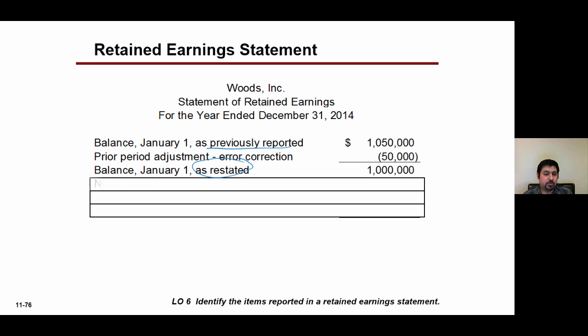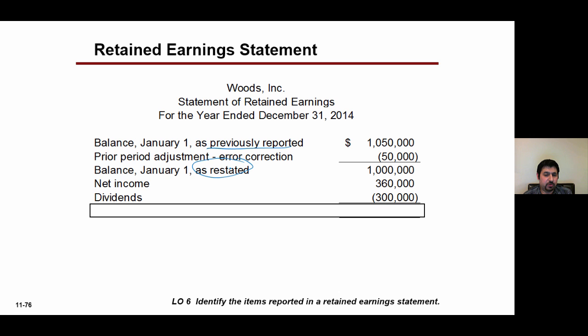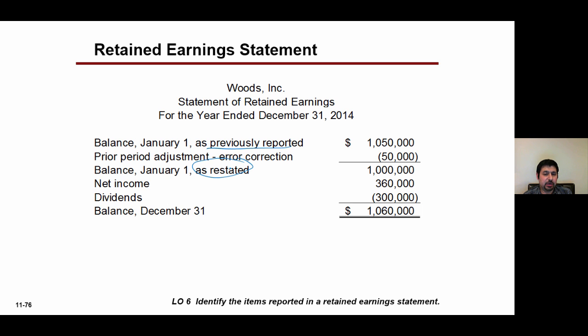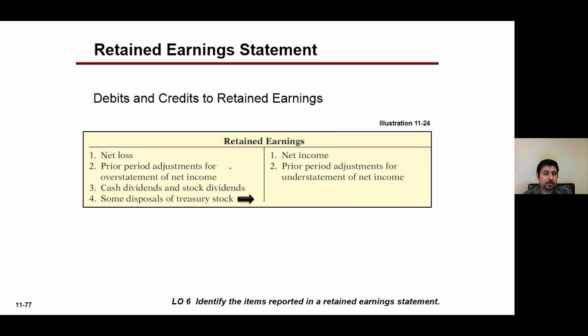Then we add net income from 2014. We deduct, basically less, dividends from 2014. That will give us the balance at the end of 2014. So here, basically retained earnings, when we have a net loss, it will be debited.